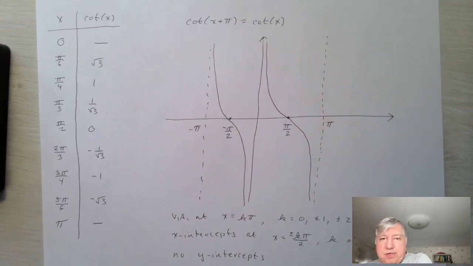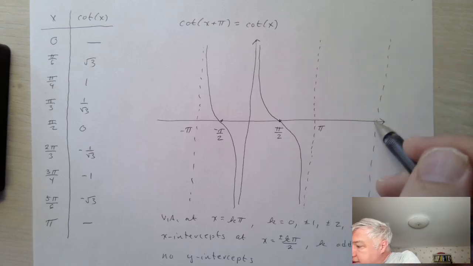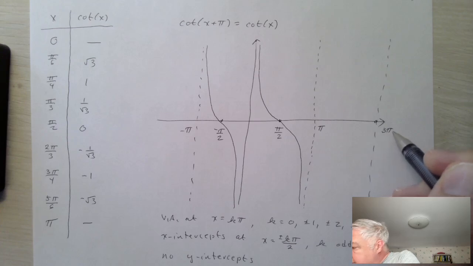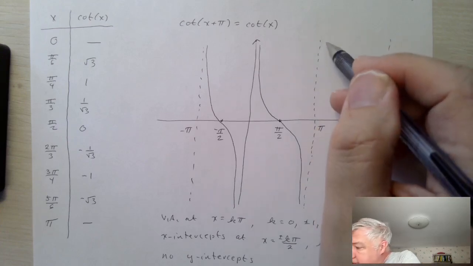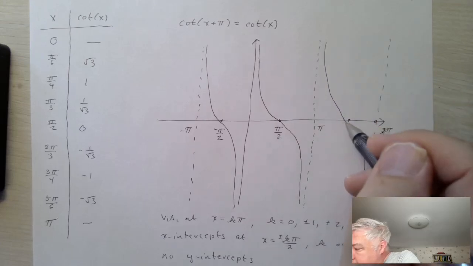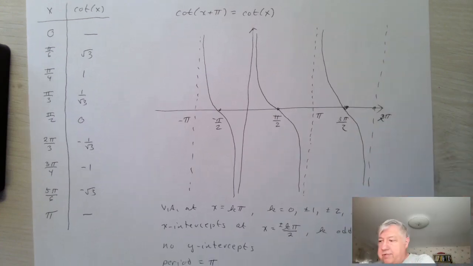That will be that intercept. And then we'll have another asymptote over here at 2 pi, and then we'll have a graph like this. This will be at 3 pi over 2.